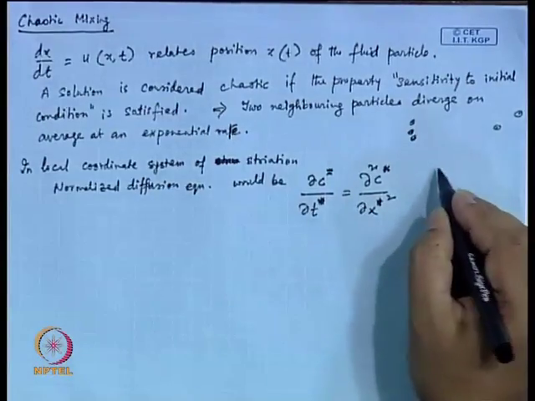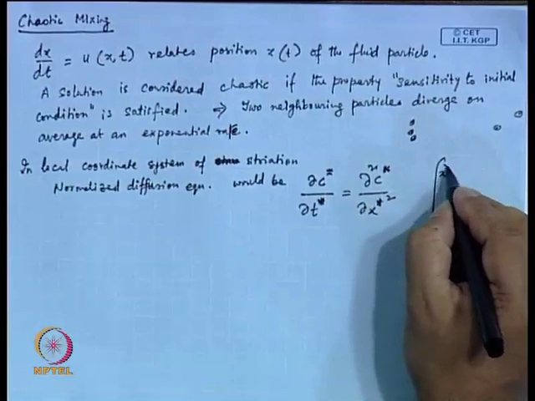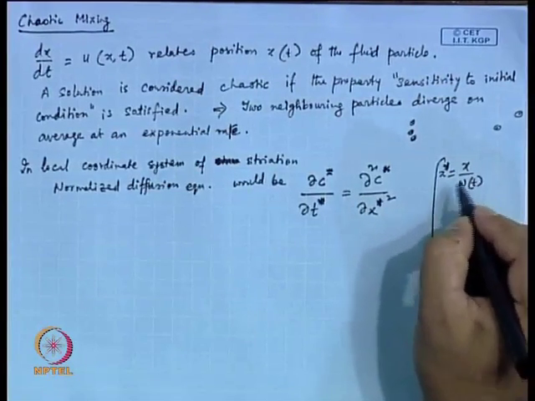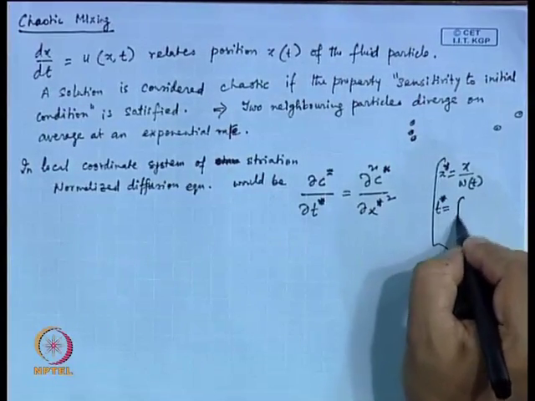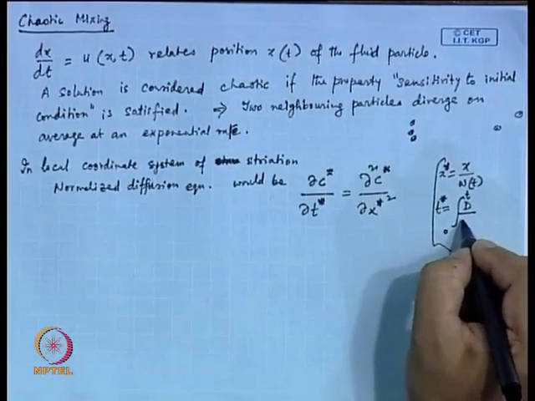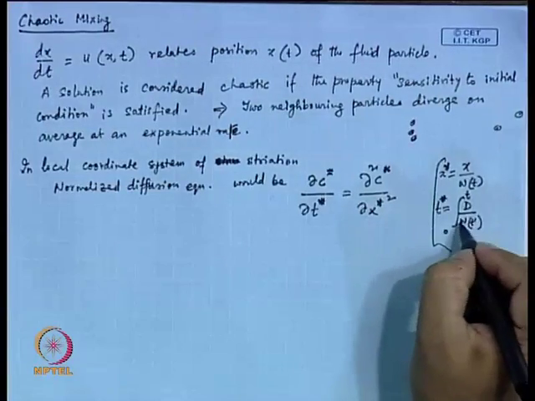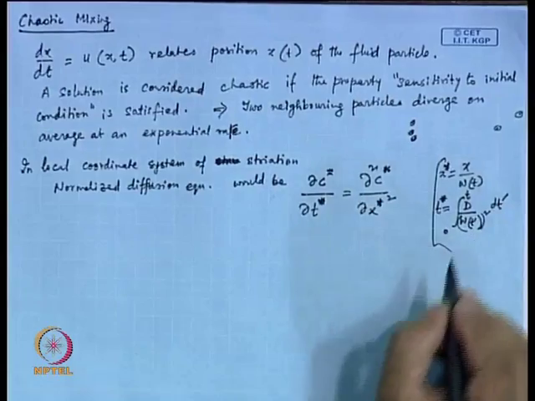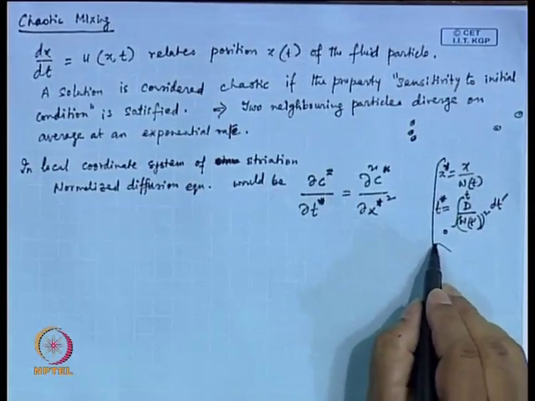So, x star here is x divided by W t, okay, and T star here is equal to integration 0 to t of D divided by W t prime whole square dt prime, okay, and this W t prime.